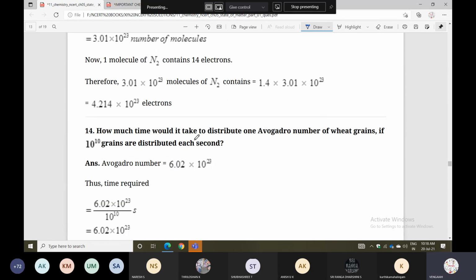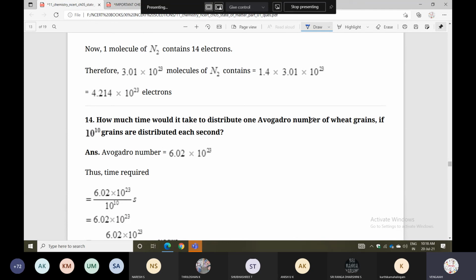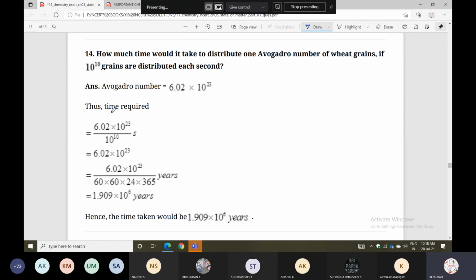So Avogadro's number is given. The required time is Avogadro's number divided by how much amount is distributed each second. So you can calculate the time required.